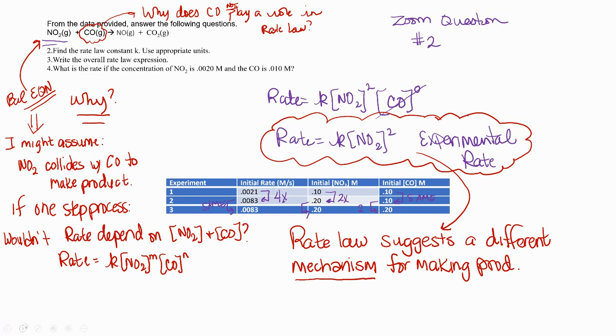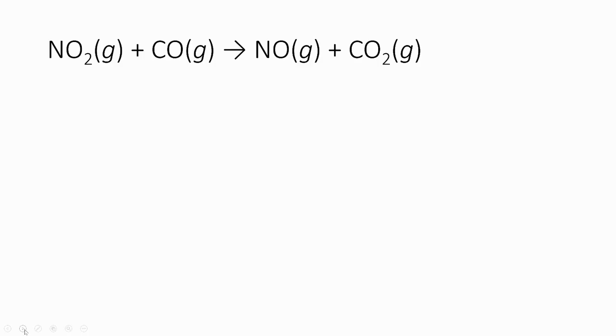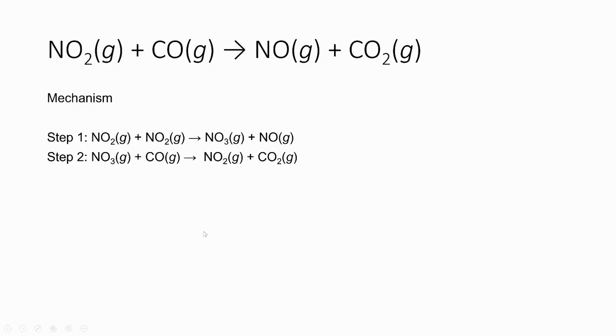Instead, what we're going to do, and I'm going to switch to the next slide, is you're going to be given this mechanism. And I'm going to write up here in the corner, experimental rate law. That was based on data. So this mechanism is given.